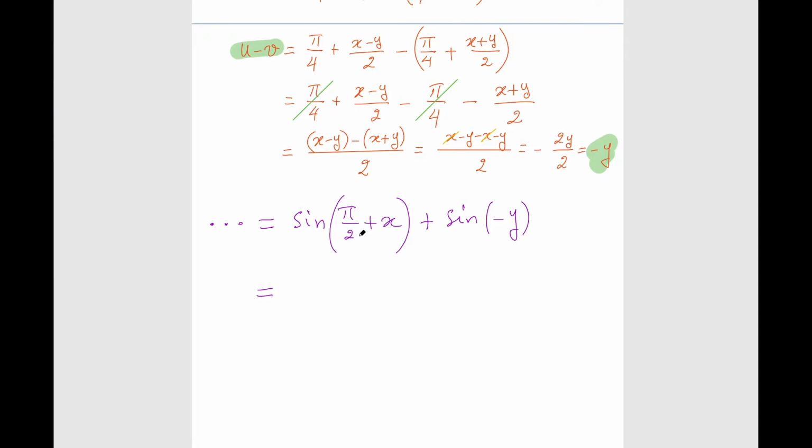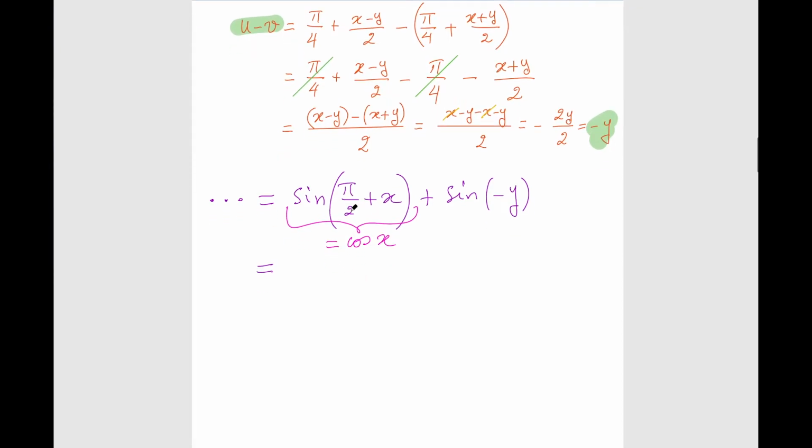And if you use it, you get that this is equal to cosine of x. So either you use that sine and cosine are cofunctions, or you go back to the addition formula for sine. Sine of a sum, s and t, is equal to sine of s cosine of t plus cosine of s times sine of t. So that's going to give you cosine of x at the end of the day.